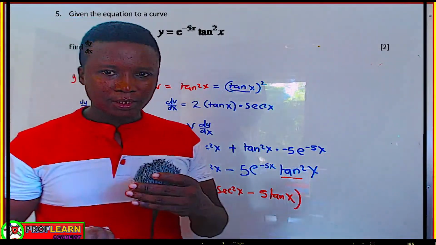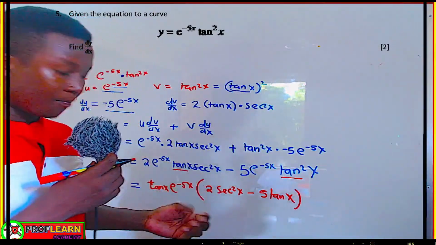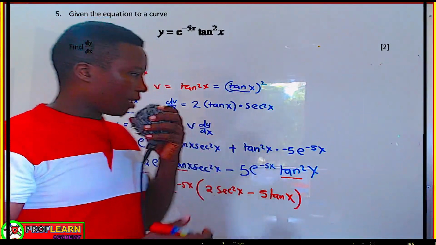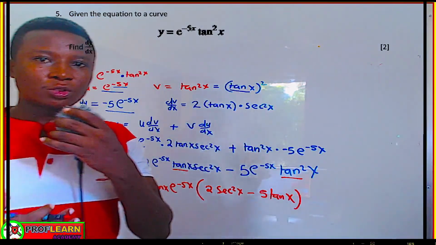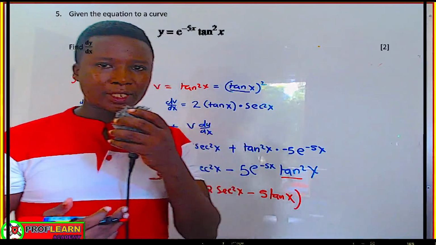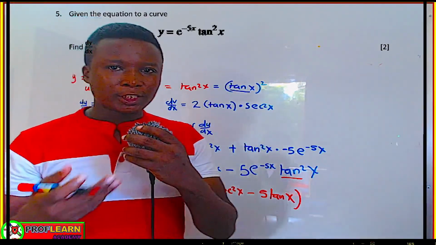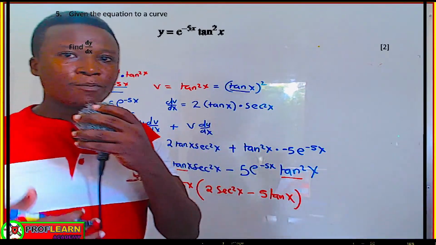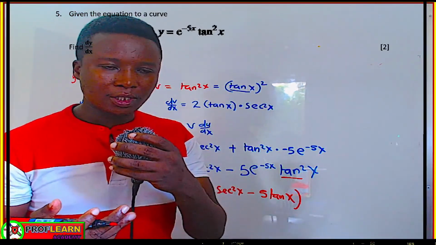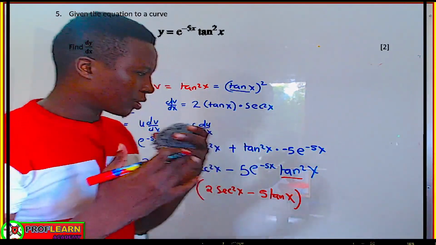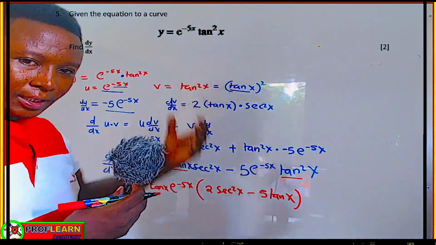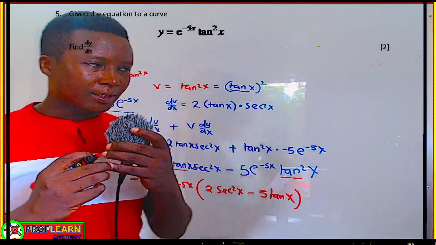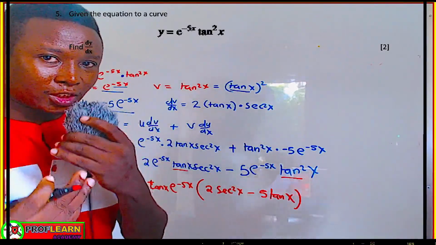So basically that's what you are supposed to do whenever you are doing differentiation in math 3, that is P3. You need to understand how to use quotient rule, how to use product rule, how to differentiate exponential functions. You need also to know how to differentiate trigonometric functions. This is not all, but this is just some of the part that you ought to know, because whenever you are going to do an exam, you'll be expected to do differentiation.